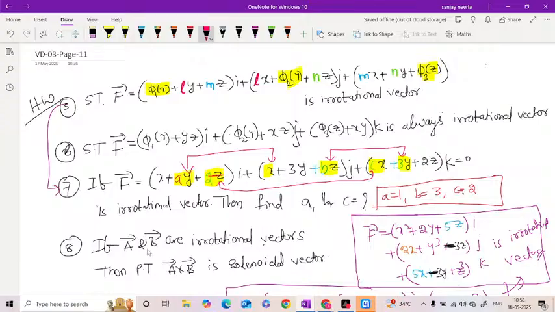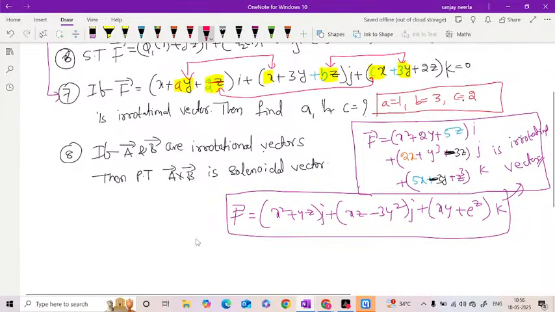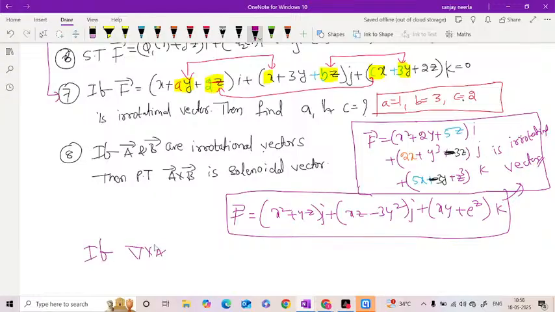Next one, come to this, I am giving the proof. Given a and b both are irrotational vectors, just to show that this a cross b is solenoidal. That means this one I can write in another way also, symbolically. So assume del cross a is 0 and del cross b is 0, then prove that del dot a cross b is 0.